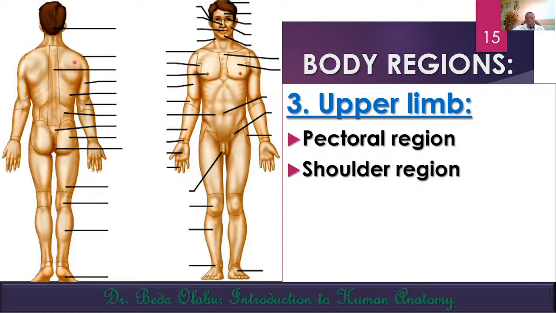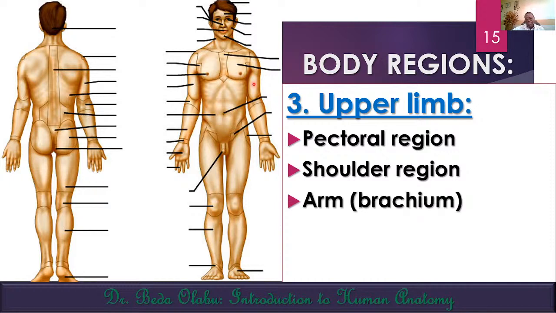Then we have the free parts of the upper limb. I believe you are aware there's a joint there, which we call the shoulder joint, and a joint here, which we call the elbow joint. So this segment from the shoulder joint to the elbow joint is what we call the arm.